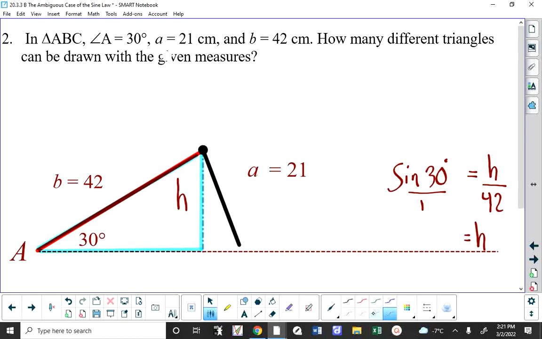Well, that's the point of question 2: if this height is 21 and the dangling side is 21, the dangling side doesn't make contact with that horizontal line unless it's hanging straight down vertically. If it's even off a degree in either direction, there's going to be some air at the bottom and we don't form a triangle.